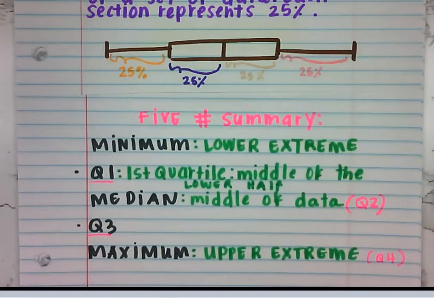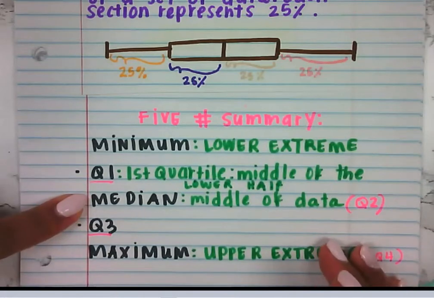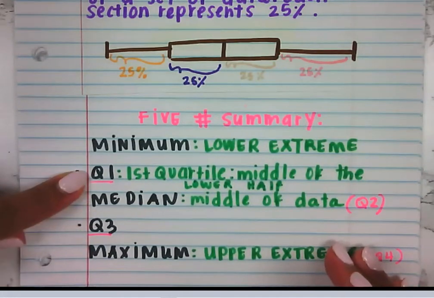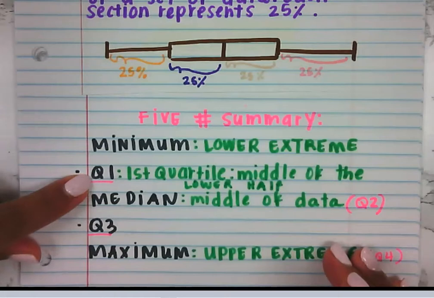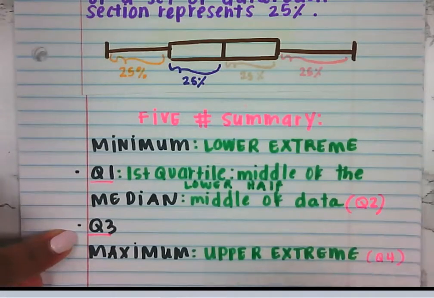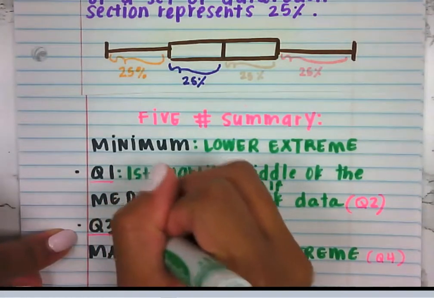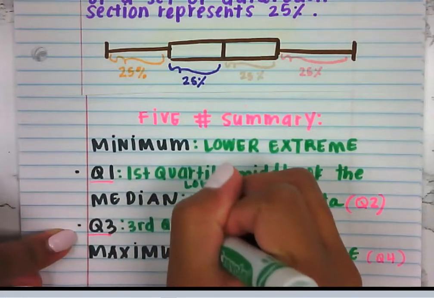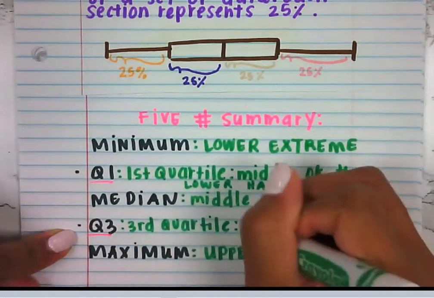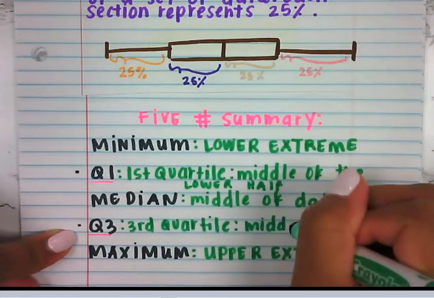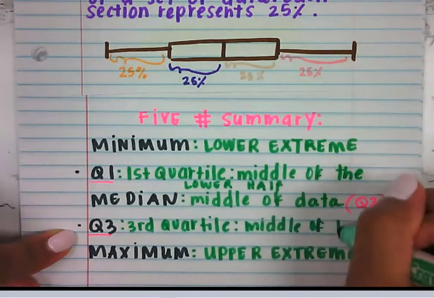And that kind of makes sense. Our median splits our data in half. So our quartile 1 is the middle of the lower half. And now our quartile 3 is our third quartile, and it is the middle of the upper half.